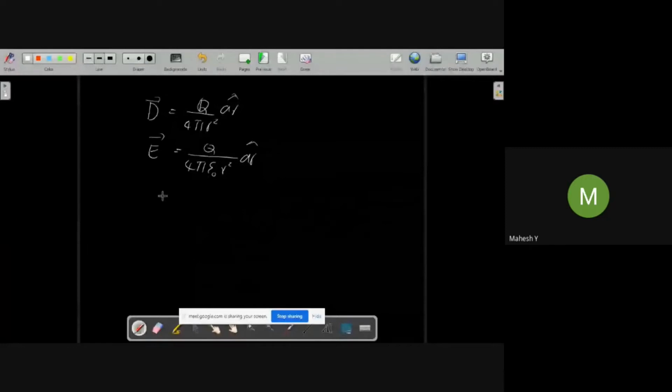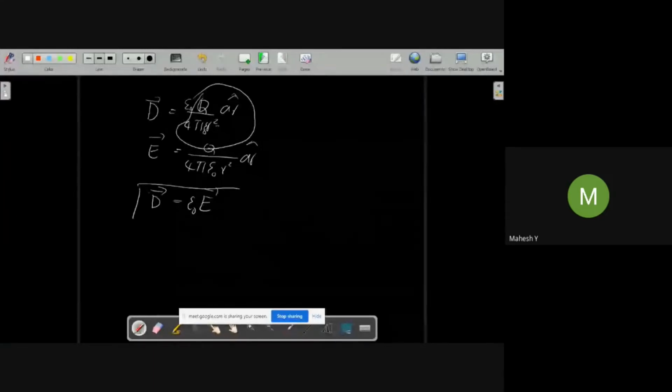D has no epsilon term, so I have to multiply by epsilon and bring an epsilon here, and this becomes E. So D is equal to epsilon 0 times E is the expression. So this is what we have discussed in the last class.